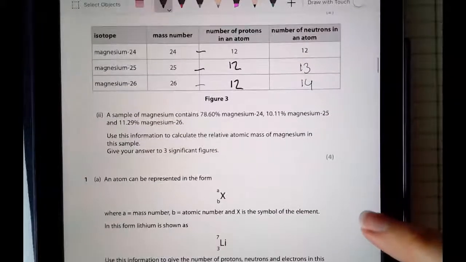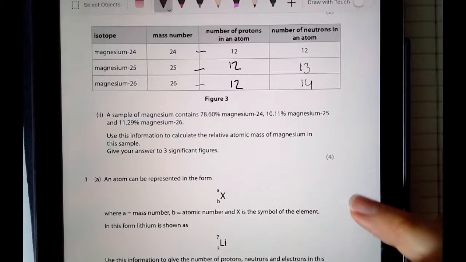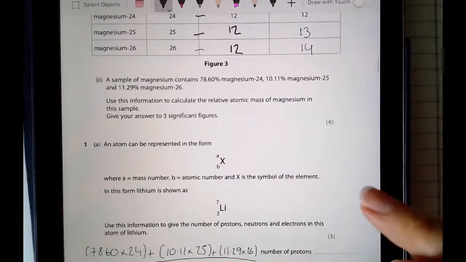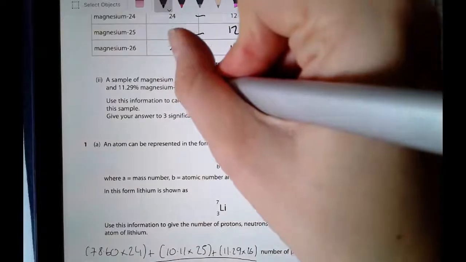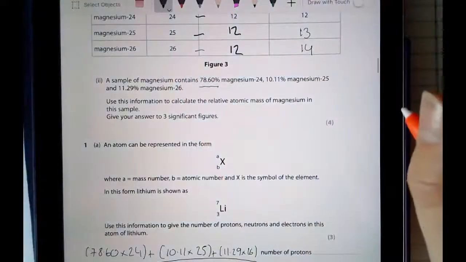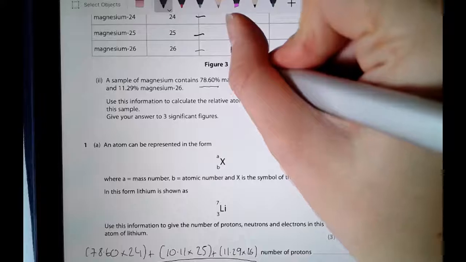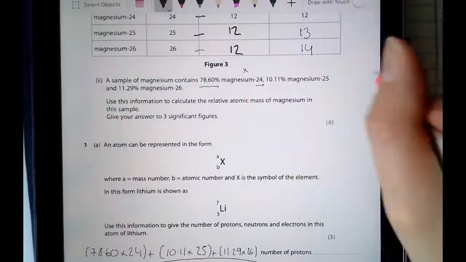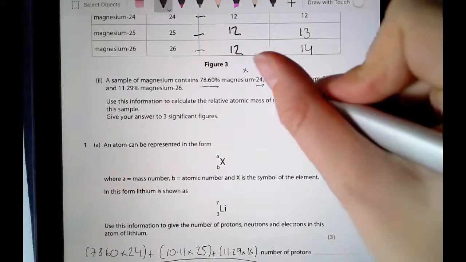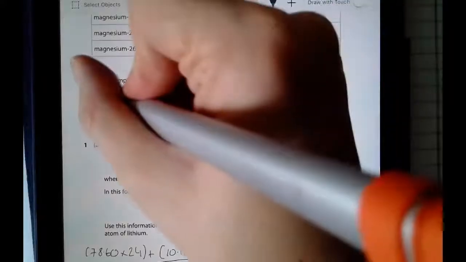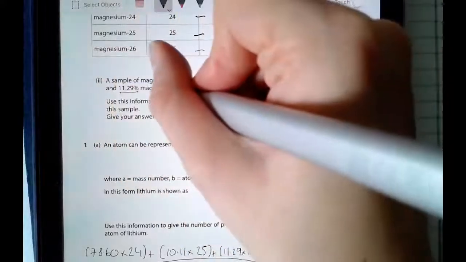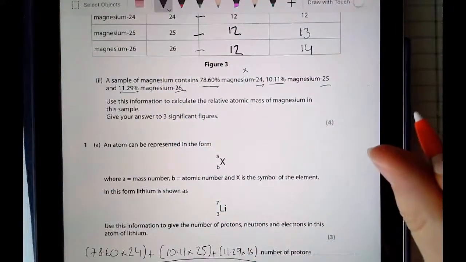They then ask you to work out the relative atomic mass of magnesium, and they give you the following information. To do these calculations, you take the percentage, which is 78.60, and you multiply it by the number 24. You'll then take the percentage 10.11, multiply it by 25, and you'll take the percentage 11.29 and multiply it by 26.